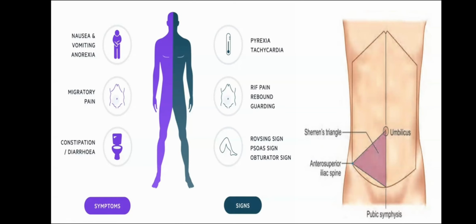The triangle formed with these three points is called Sherren's triangle, and in that area there will be severe pain, tenderness and hyperesthesia. These are the clinical features, the main signs or tests which should be done in an appendicitis case. And as I have told, depending on the position, there will be different observations of pain.